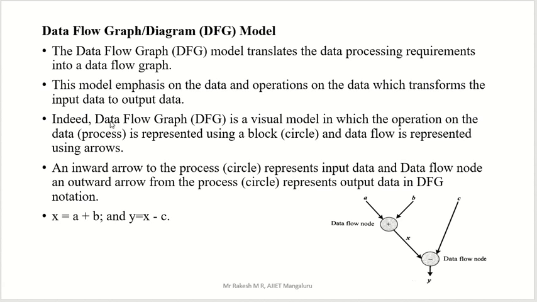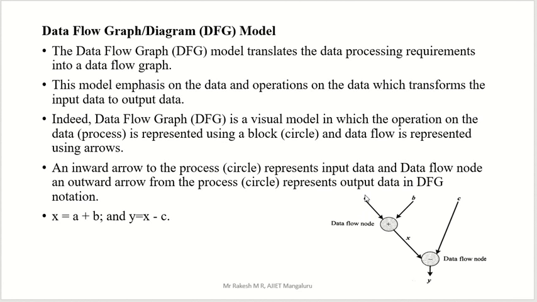Indeed, a data flow graph is a visual model in which the operation on the data is represented using a block and data flow is represented using arrows. See this graph or model carefully. The operation on the data is your process.